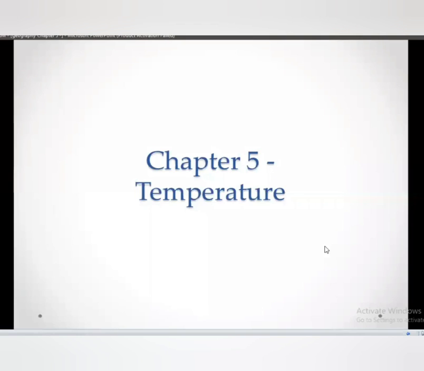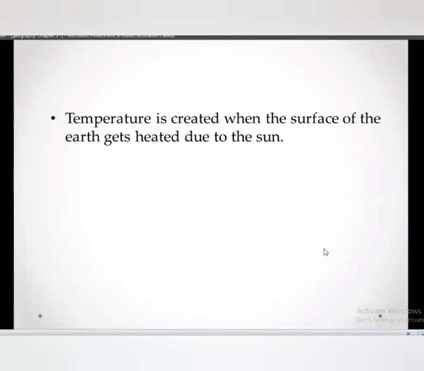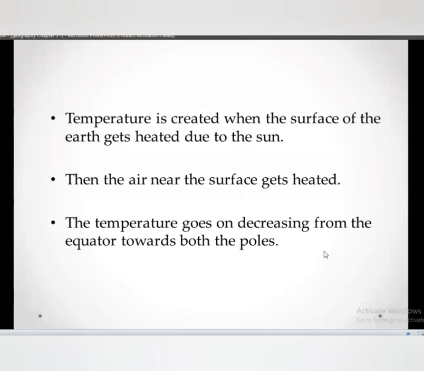Revising about temperature, we learned that temperature is created when the surface of the earth gets heated due to the sun. When the air near the surface gets heated, the temperature goes on decreasing from the equator towards both the poles.